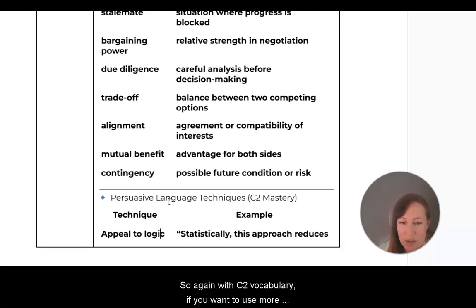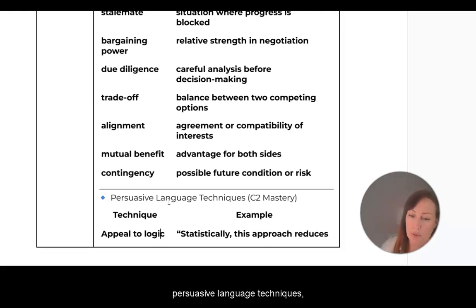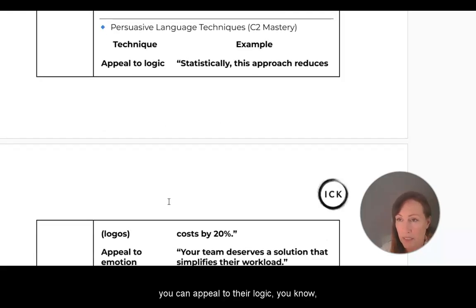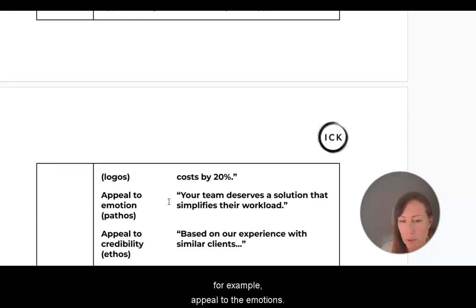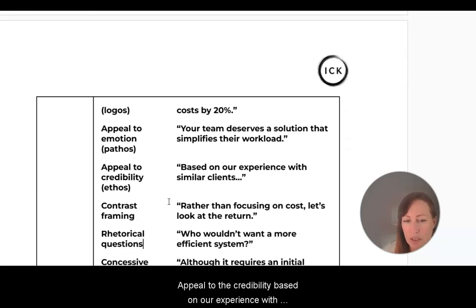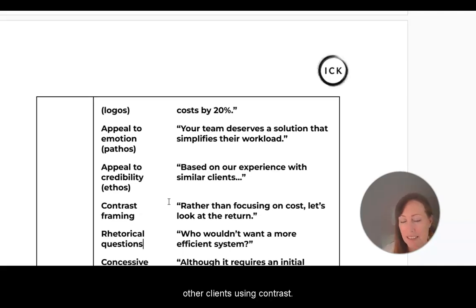So again, with C2 vocabulary, if you want to use more persuasive language techniques, you can appeal to their logic, you know, by giving science-based evidence, for example. Appeal to the emotions: your team deserves a solution. Appeal to the credibility: based on our experience with other clients.